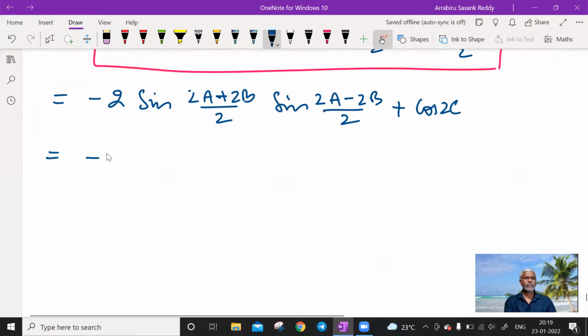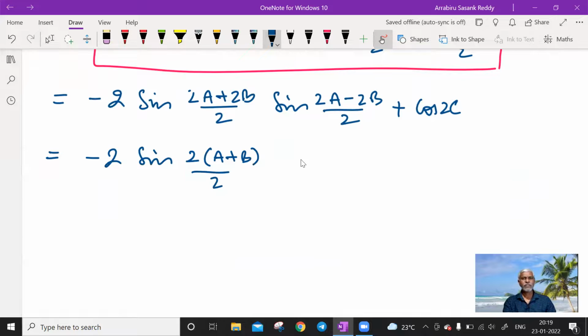So this is equal to minus 2 sin 2 into (A plus B)/2 sin 2 into (A minus B)/2 plus cos 2C.